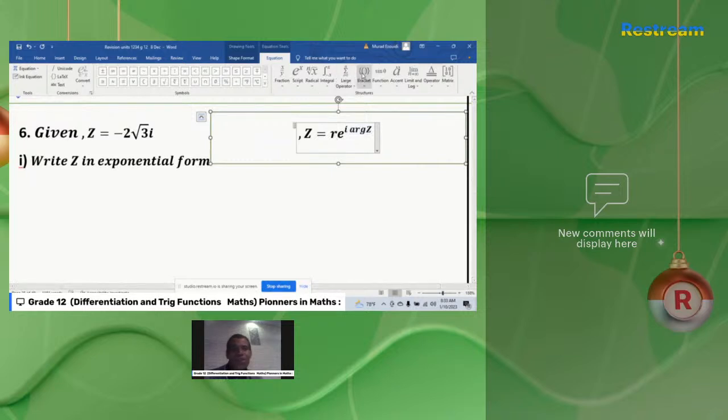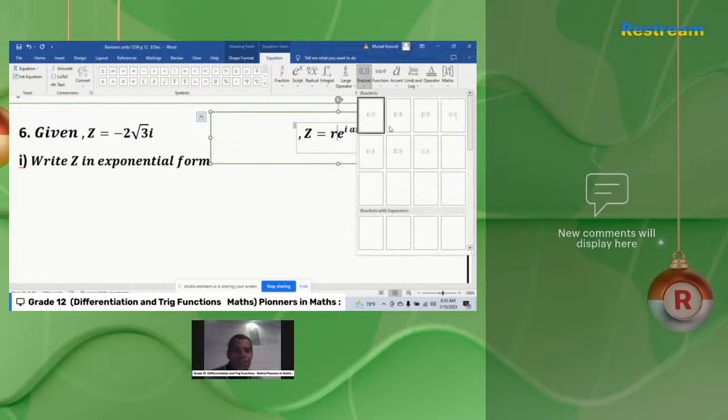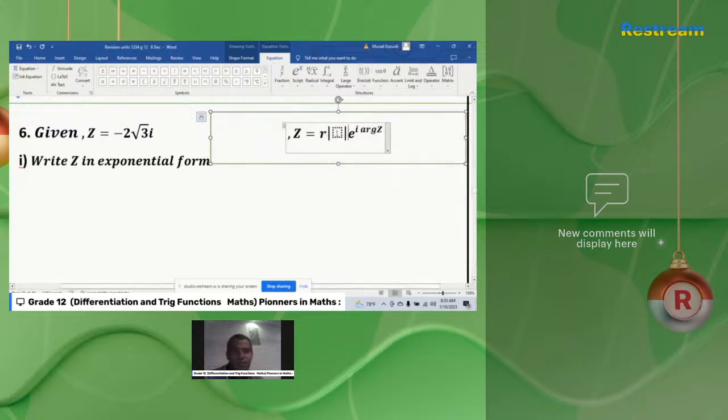This is the modulus of the complex number z, and r here is the same as the modulus of z, which I can write between parentheses.